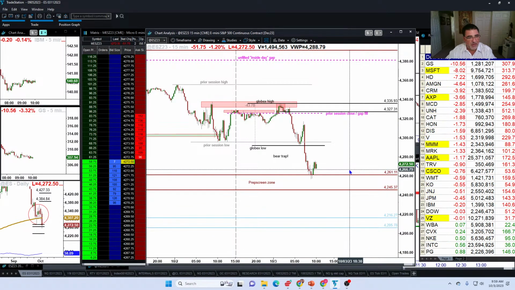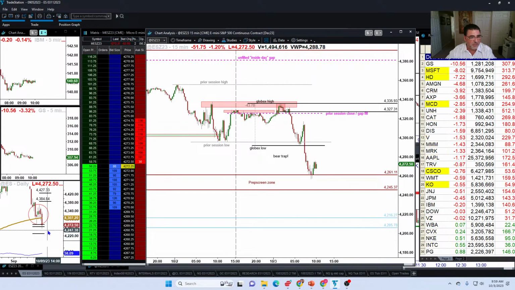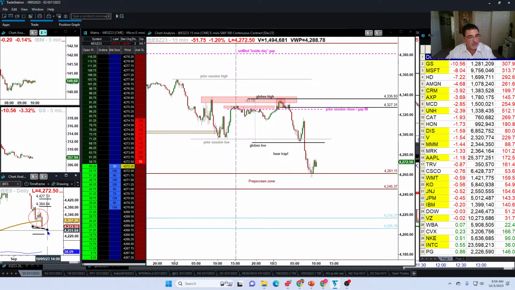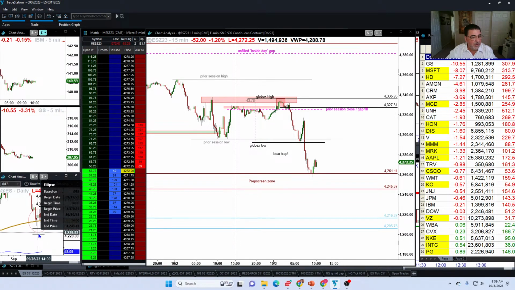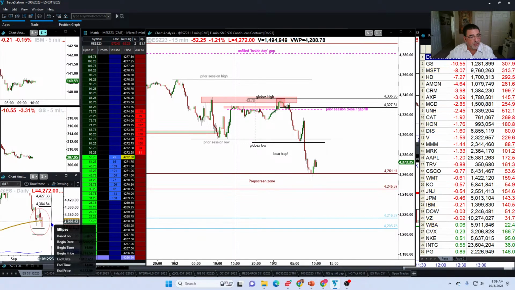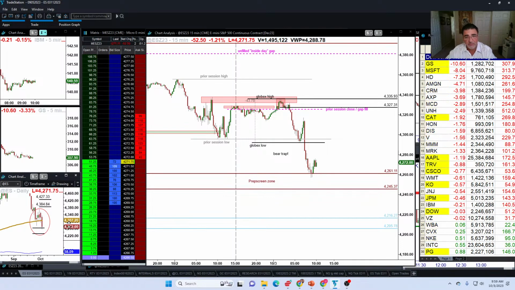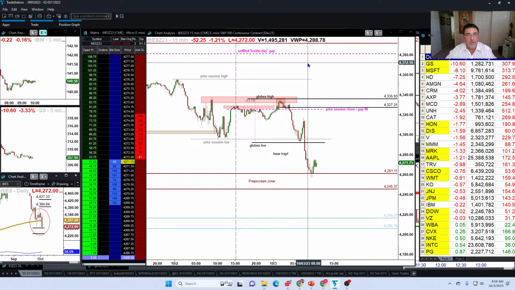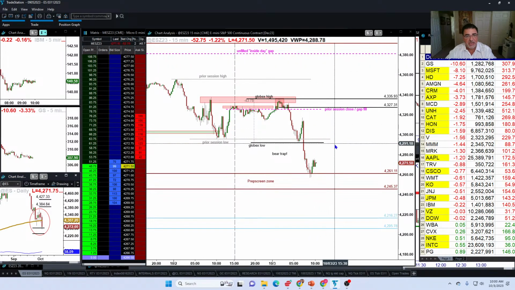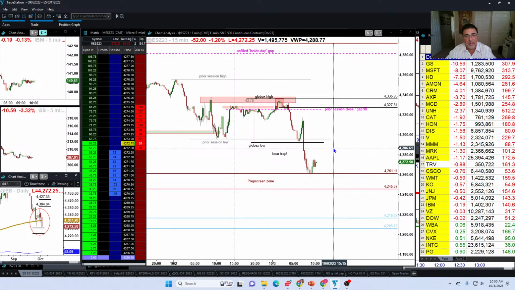S&P still chopping around. On the daily chart, I'm anticipating if we're going to move back up, that price is going to look to close above the 200 moving average, which is currently at 307. Volume weighted average price is also another odds enhancer along the way.